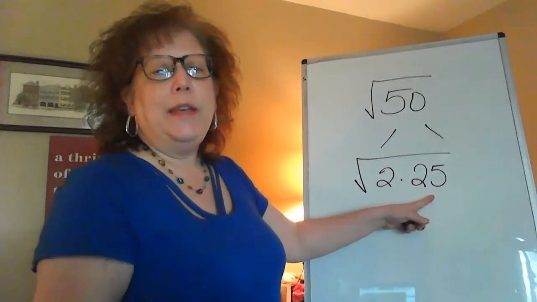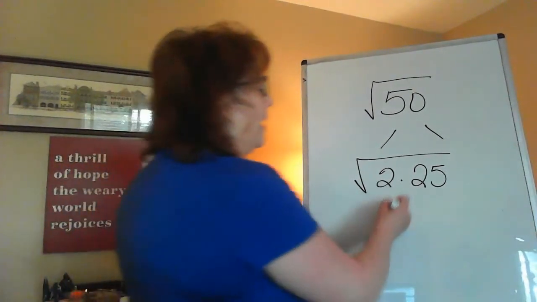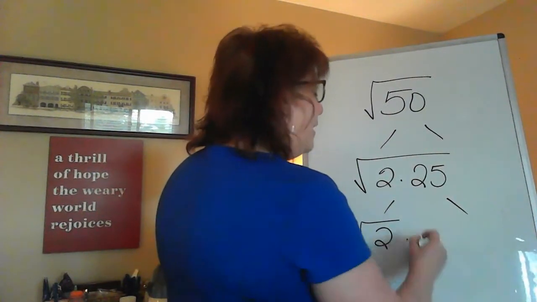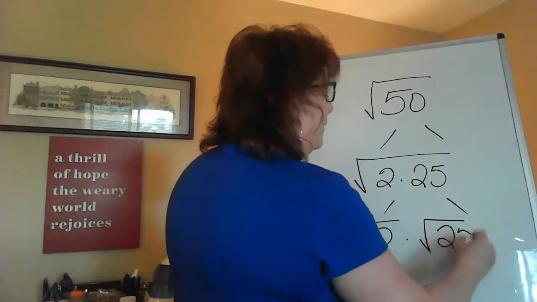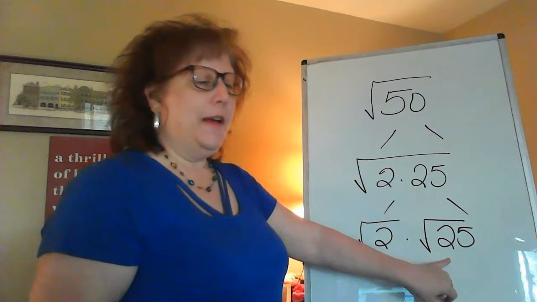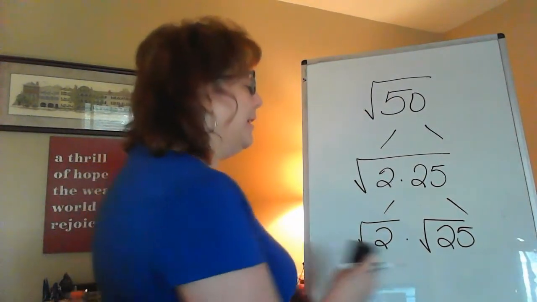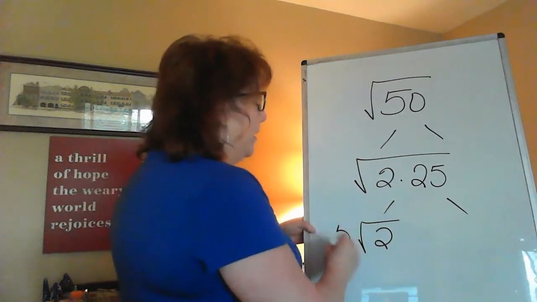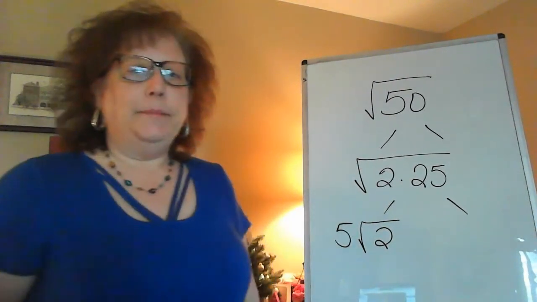And so all we have to do at this point then is have the square root of 2 times the square root of 25. And we know that this will break down to 5. And so we can get rid of that completely. But we can't just make it disappear. It's going to have to sit right outside.